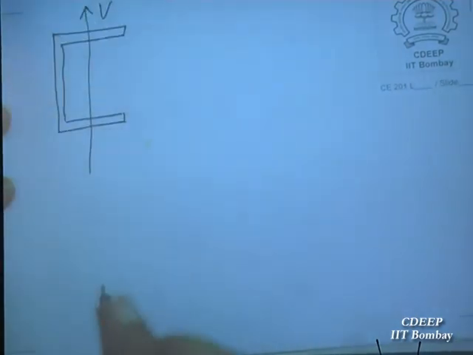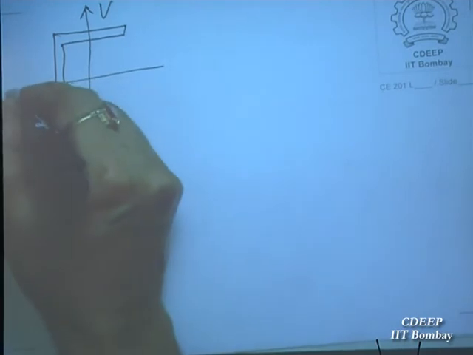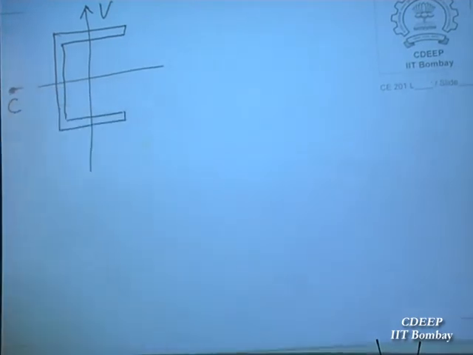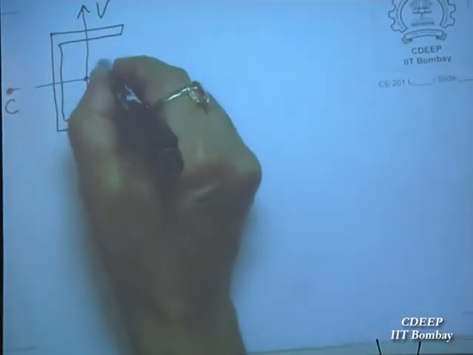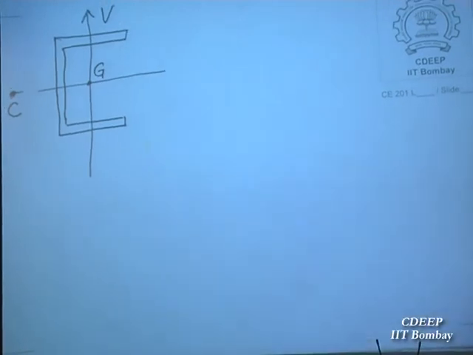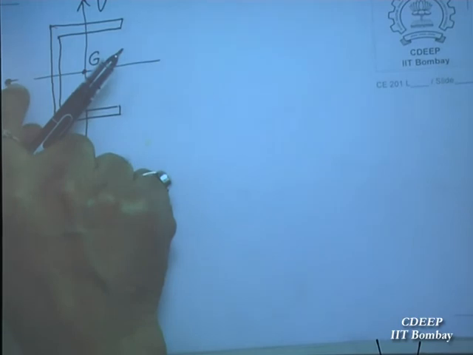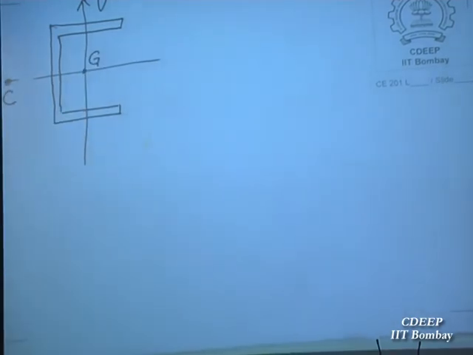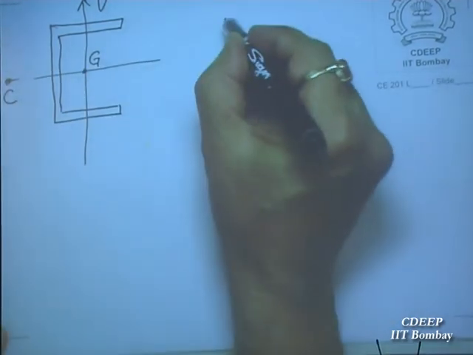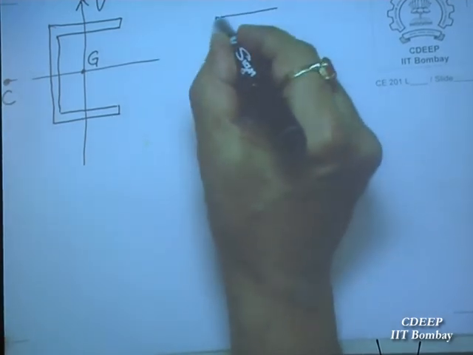The centroid may be somewhere here, this could be centroid G. That is different. So there is a difference between centroid and shear center. This is the shear center. Now I want to draw the variation.